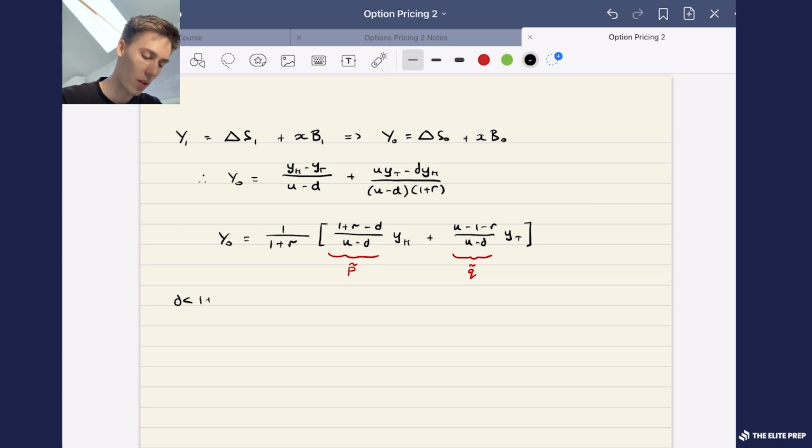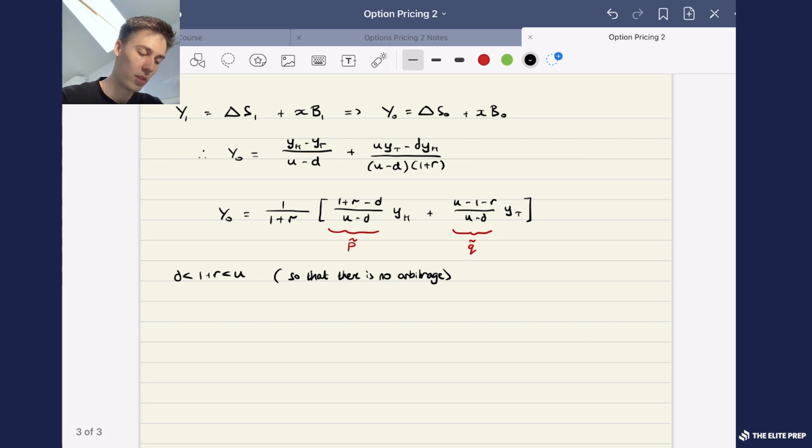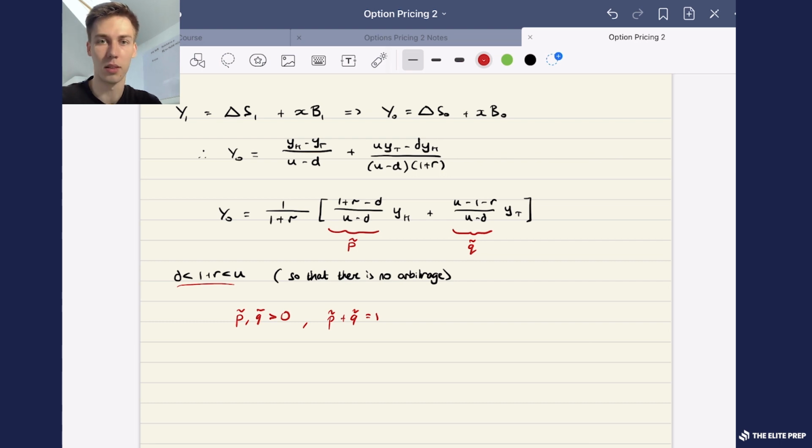At the end of the previous video, we also gave the requirement that D is less than 1 plus R is less than U. This is required so that there doesn't exist an arbitrage in the market, and you can show this by similar examples to those we did last time. Then, because of this, P tilde and Q tilde are both greater than 0, and P tilde plus Q tilde is equal to 1, so it defines a valid probability measure on our space of heads and tails.